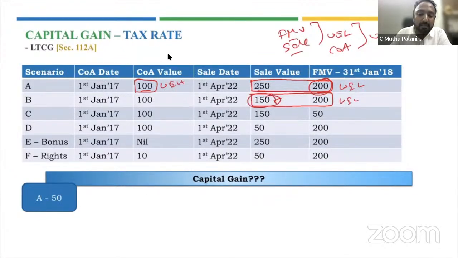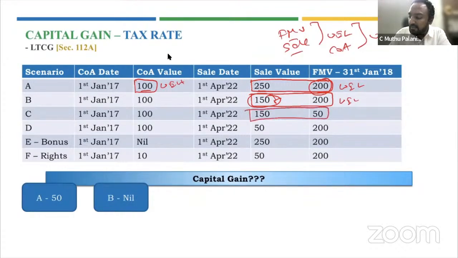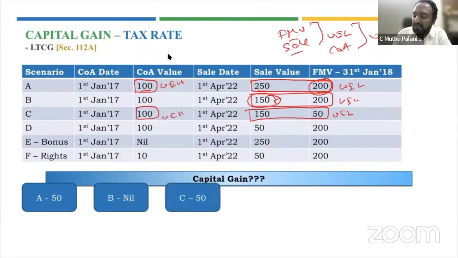So what will be my capital gain? 150 minus 150 will be nil. What about C? My sale value is 150. My fair market value is 50. Whichever is lower is 50. Then 50 or 100, whichever is higher. So I'll take 100. My sale value is 150, my cost of acquisition is 100. So I made a capital gain of 50.